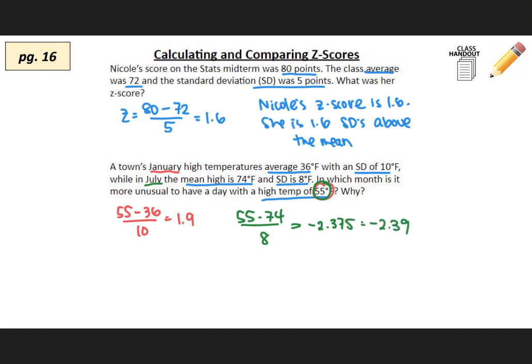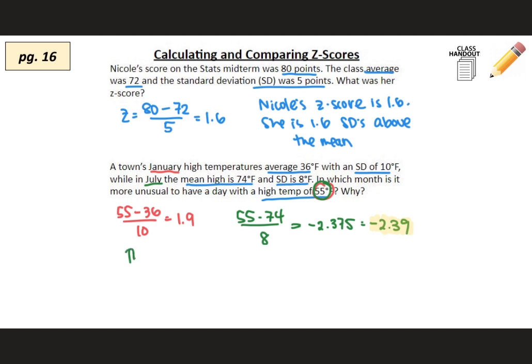So to determine which is more unusual, we want to see which one is further from the mean. So in that case, negative 2.39 is further from the mean. It is about 2.39 standard deviations below the mean.